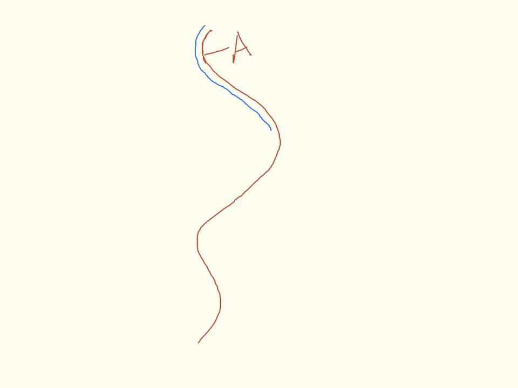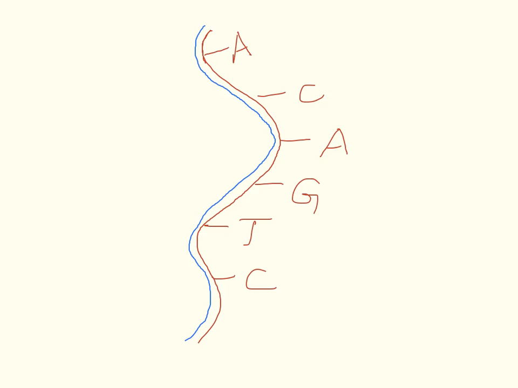This has the phosphate and the sugar, and the phosphate and the sugar, and the phosphate and the sugar, right? And the bases are dangling, right? A, C, A, G. I'm just drawing a random sequence. T, C, right? All these bases.